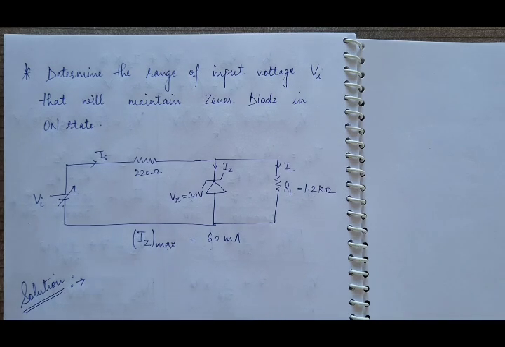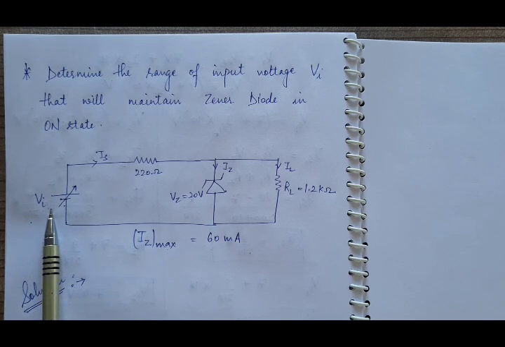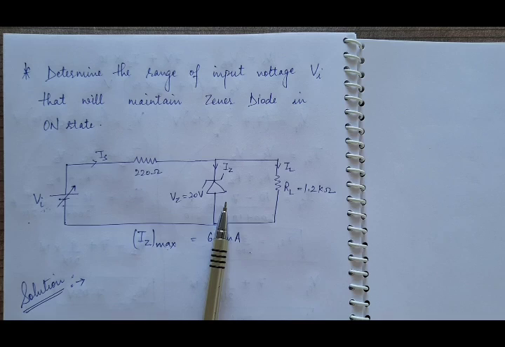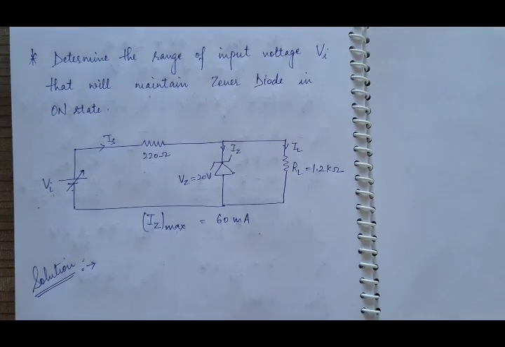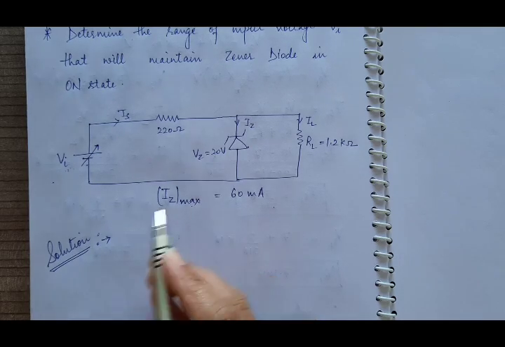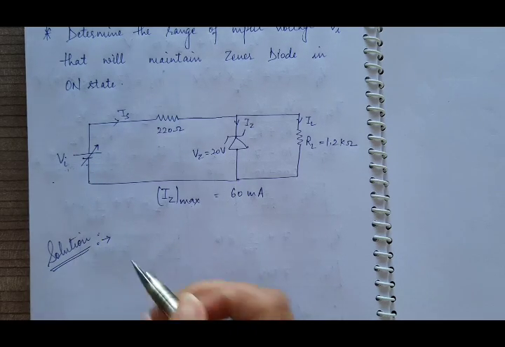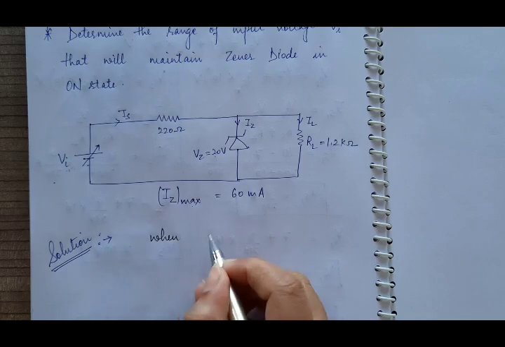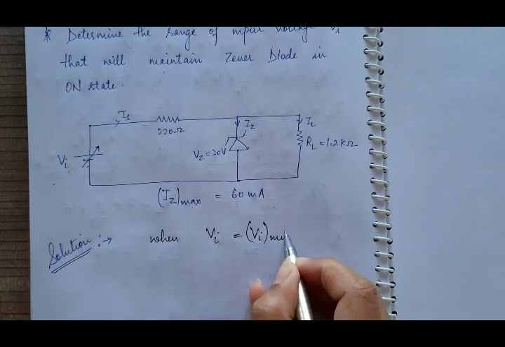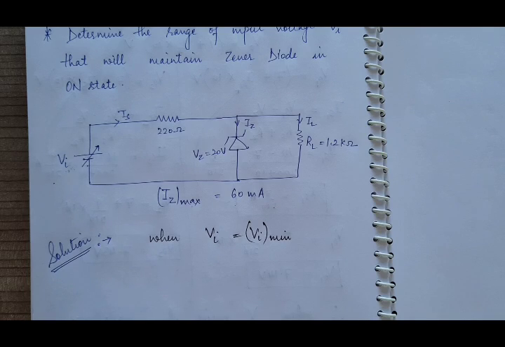So we have to calculate the minimum value of this input voltage which will turn on this Zener diode. It means when this Vi is equal to Vi minimum, we have to calculate the range of this.